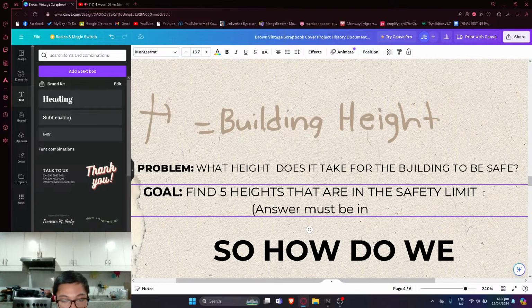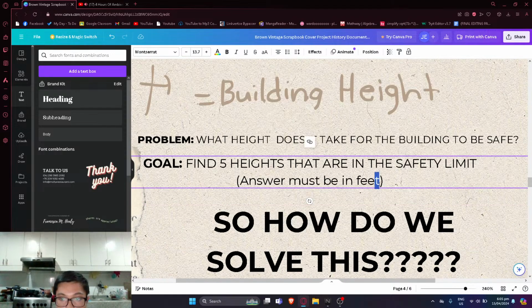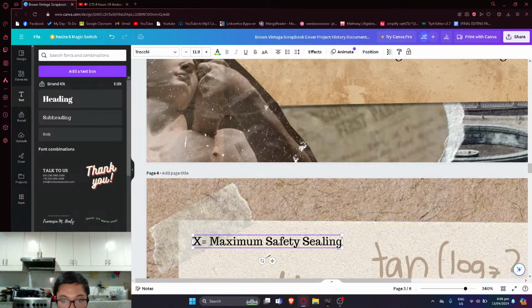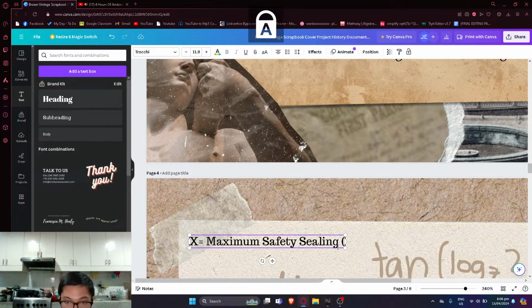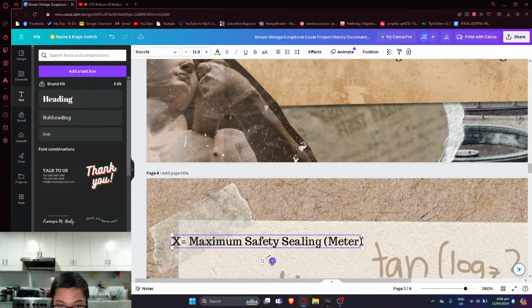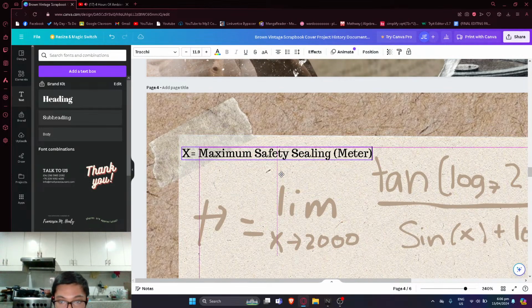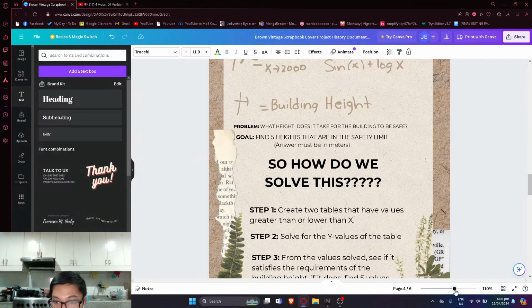Must be in feet. Meters na lang siguro. Meter. Ayun, now we've already defined it.